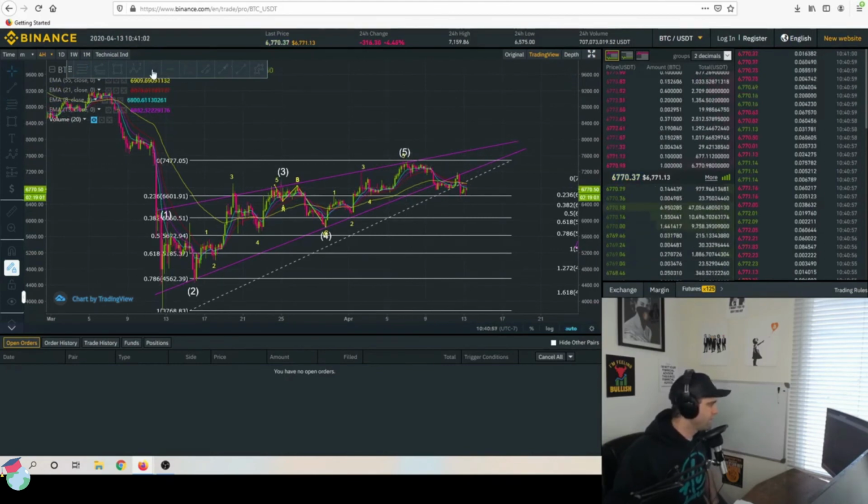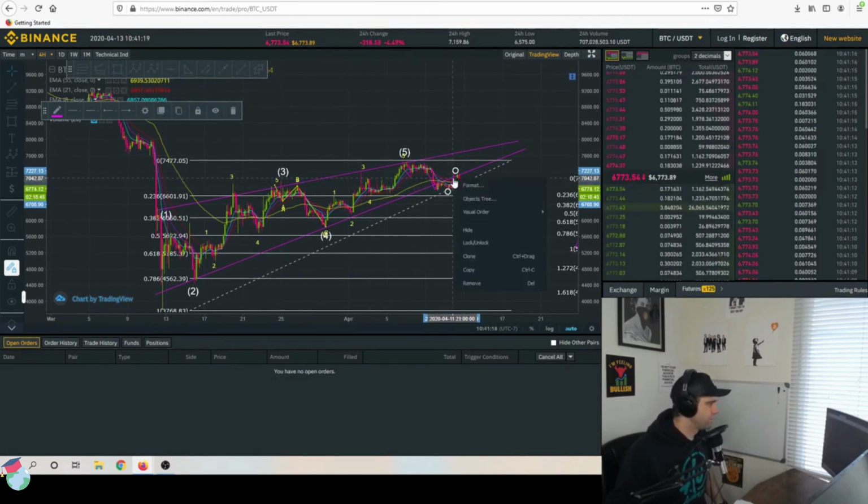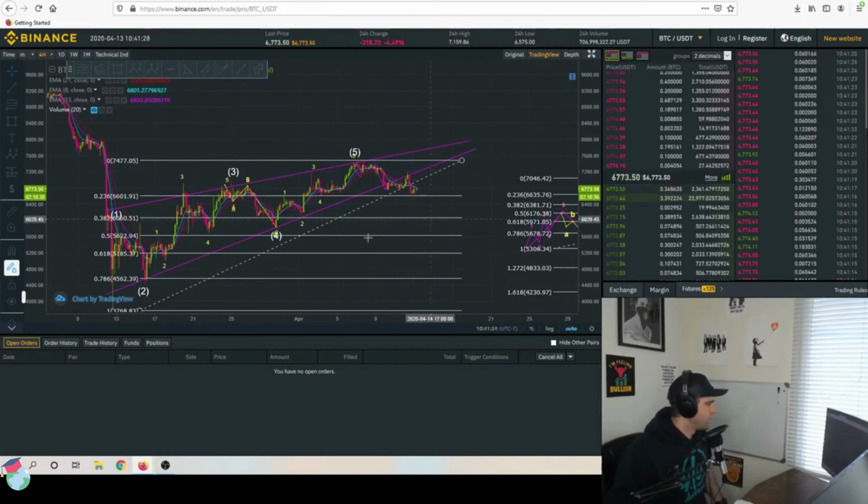So with this, to me this is looking like a 1, 2, 3, and then 1, 2, 3. So we got a 3, 3, and now we're looking for 5 down, right? Let's get rid of that. So golden pocket, where are we at on this whole structure?